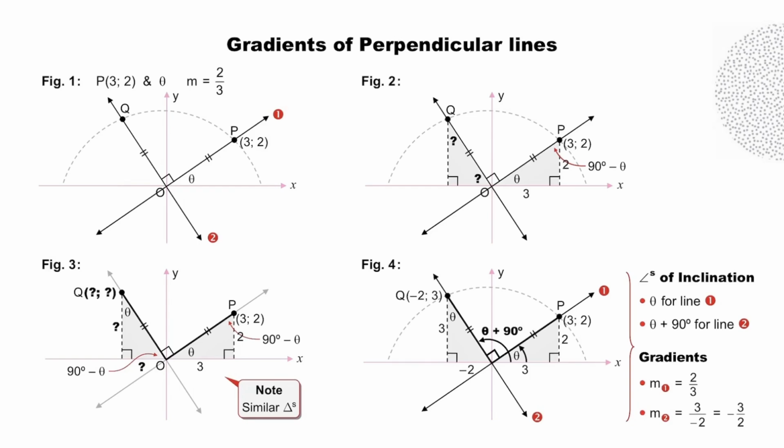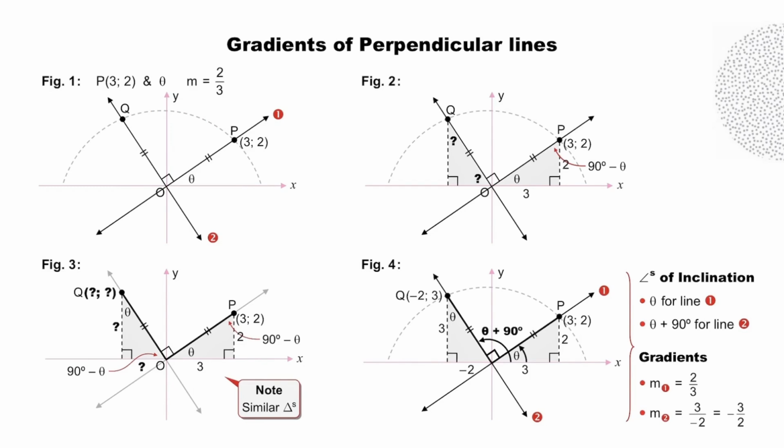We have line 1 perpendicular to line 2, line 1 going through P, the point 3, 2, making an angle of theta with the x-axis, and perpendicular to line 2, forming the angle of 90 degrees. Also just note that P is being rotated anti-clockwise about the origin through 90 degrees to Q.